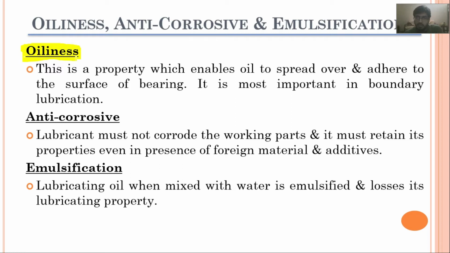It is most important in boundary lubrication, meaning where the films are being made between the reciprocating parts. So it is of great importance. So a lubricant should have a high oiliness as well.